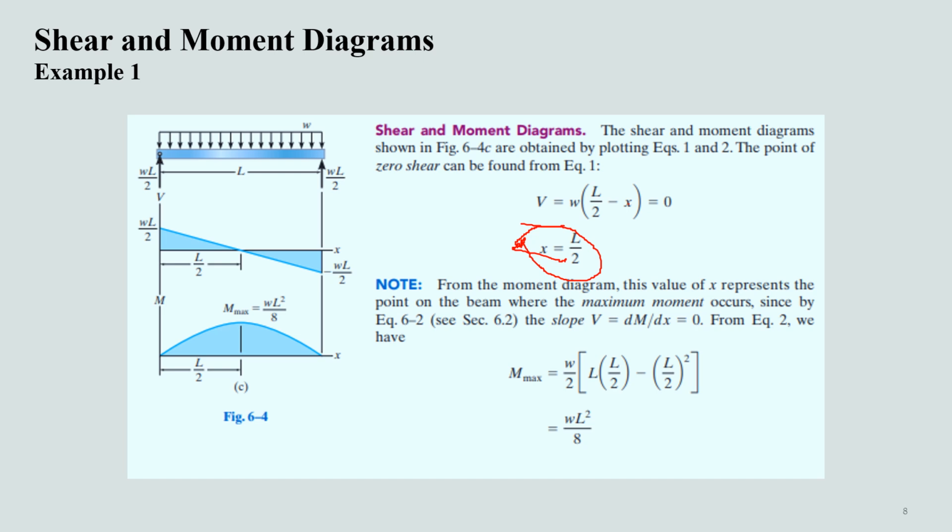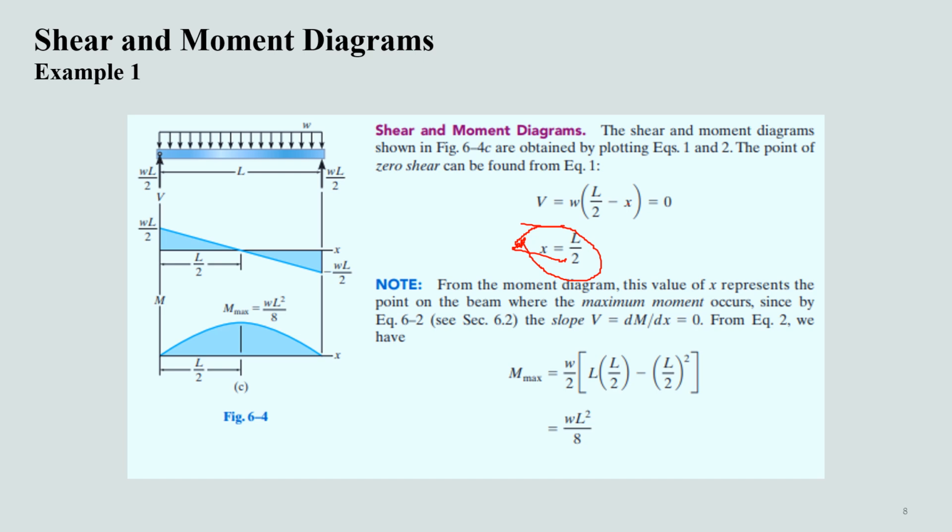From this x is equal to L by 2, we can then determine the value of the maximum moment. We have discussed this thing, and we'll consider it in some more detail in an upcoming lecture, that shear force is actually the slope of the moment diagram. Thus, from calculus, we know that a function has a minimum or a maximum value at the point where its slope is 0.